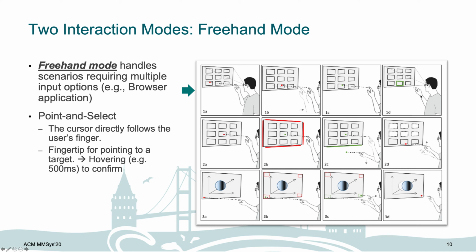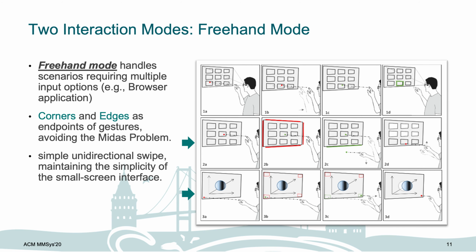This is the illustration. The user first points to a target in 1B and then holds at this position for around 500 milliseconds, and then does the mid-air tap to complete the process.